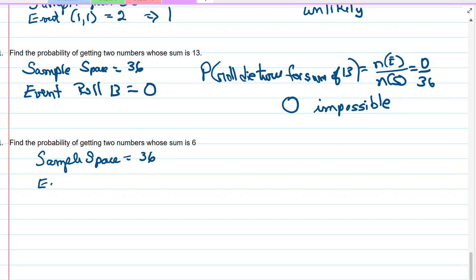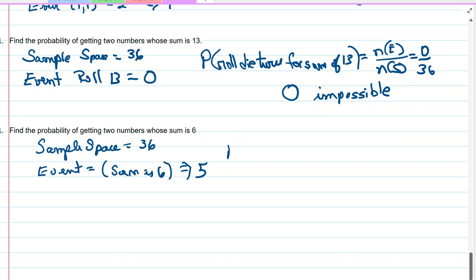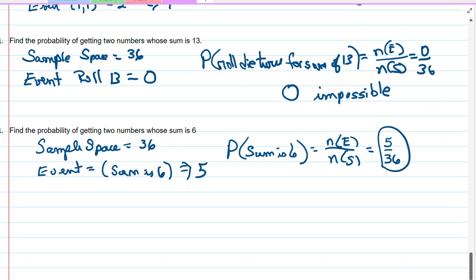Our event we already highlighted, and the cardinality is 5. So we want the probability the sum is 6, and that will make it 5 out of 36. Still in the range of maybe not likely.